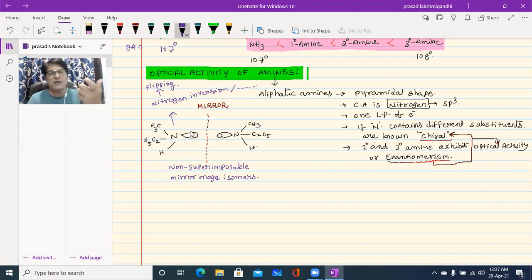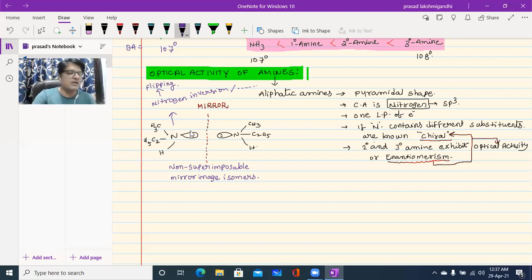Whenever we open an umbrella in the opposite direction, that is nothing but flipping. Flipping means inversion. What type of inversion? Here the nitrogen undergoes inversion. Clear? So it is very difficult to isolate a pure sample of either enantiomer.